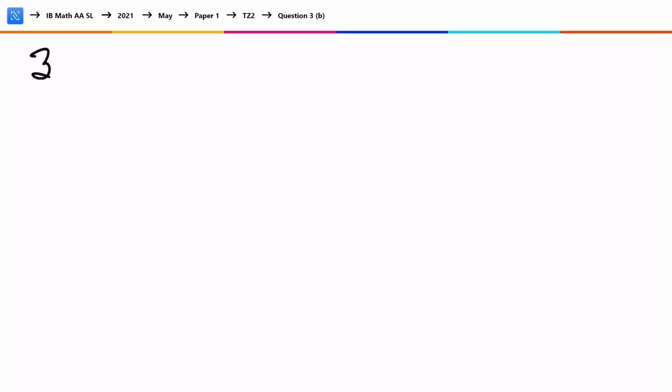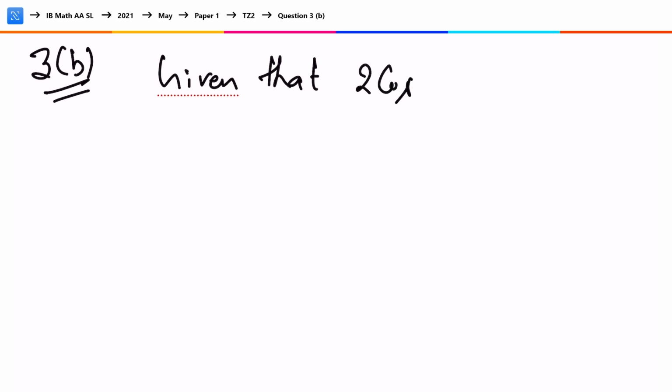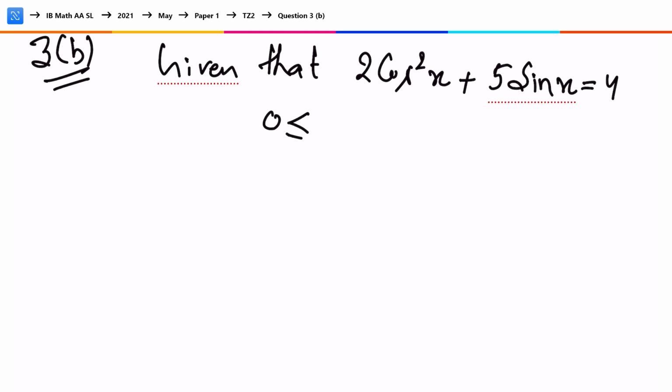Question 3, Part B. Given the equation 2 times cosine squared x plus 5 sine x equals 4, where 0 is less than or equal to x less than or equal to pi.